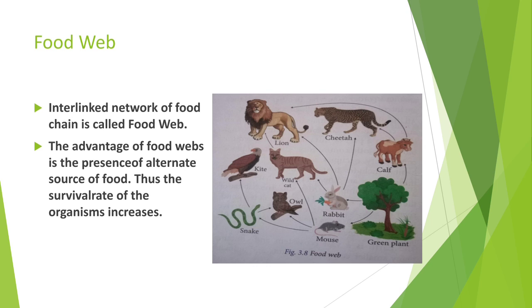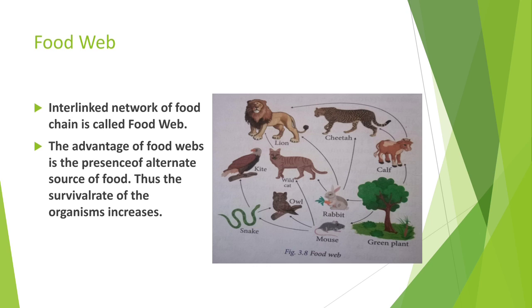They are not always very simple, as most consumers eat or are eaten by more than one kind of organism. One organism can eat or be eaten by a number of organisms. The advantage of a food web is the presence of alternate sources of food.